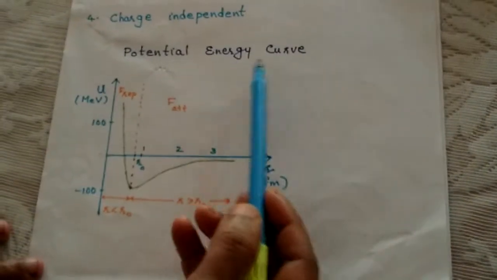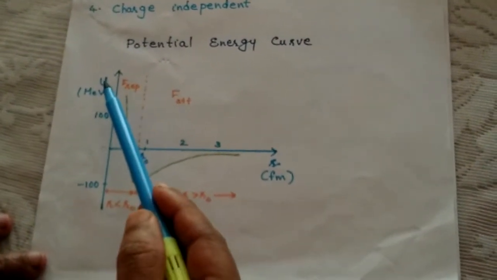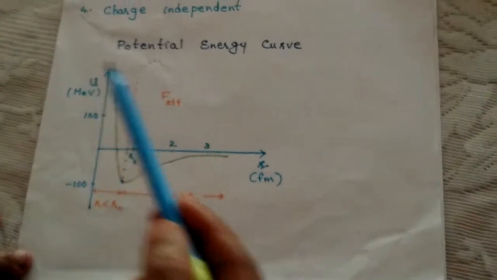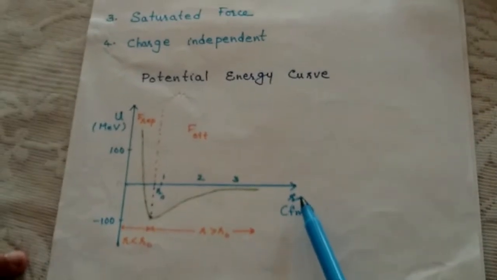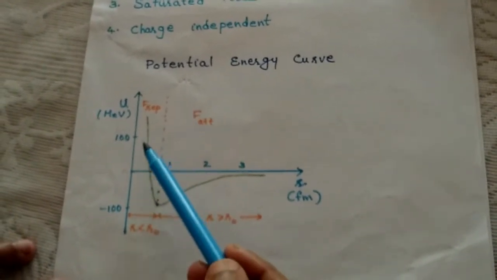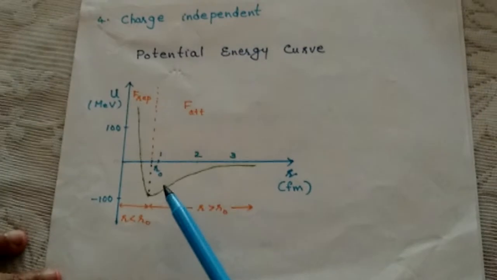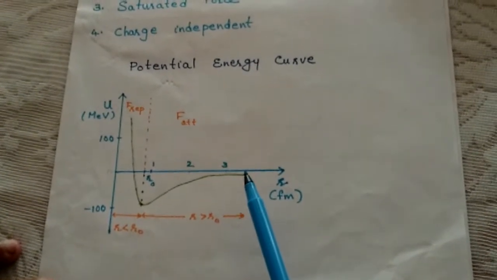Let us see the potential energy curve between 2 nucleons. Potential energy between 2 nucleons with the separation between 2 nucleons. R is the separation between 2 nucleons. And here you can see that the potential energy takes positive and negative values. If the potential energy is negative, the force is attractive.